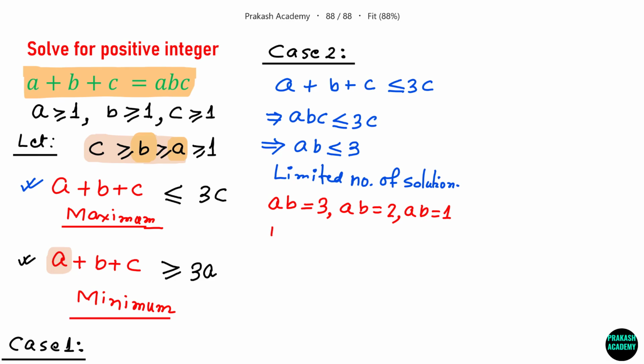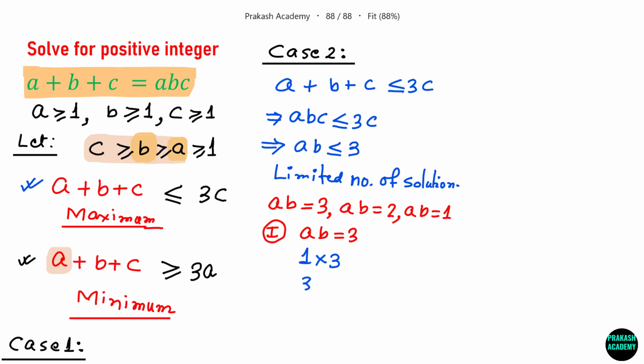So let us say case 1. In this case you have AB equals 3. Now the product of two numbers is 3, so we can have 1 into 3 or 3 into 1. Let us first consider 1 into 3.